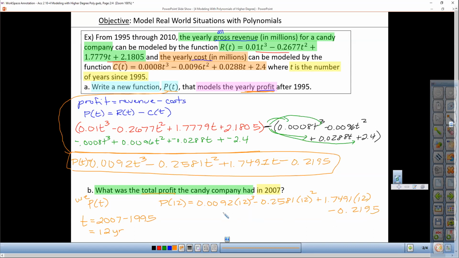So in using your calculator here, you can just type it in, if you have a calculator that allows you to just type it in as you see it. If you have one of those calculators that kind of does things backwards, then you might want to figure out what 12 cubed and 12 squared are first, and then just type it in as a multiplication for those parts and do it kind of in 2 steps like that. All right, let's use our calculator and see what we get.